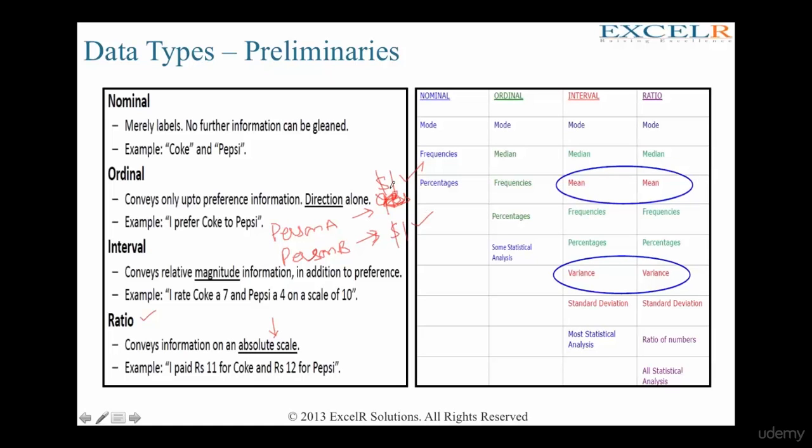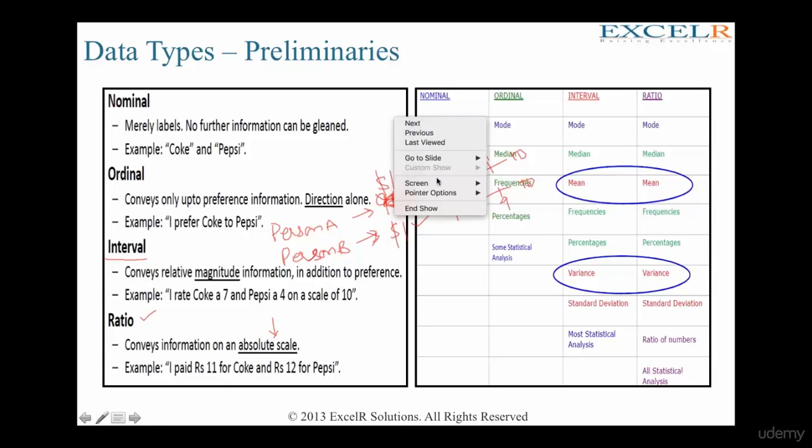Anywhere on the planet, the currency will remain the same. However, when we discussed interval scale, on a scale of 1 to 10, if these two people rated 9, this does not mean that both of them like this product equally. You cannot say that. There is no absolute scale here. However, here, $1 each means both of them have spent the same amount.